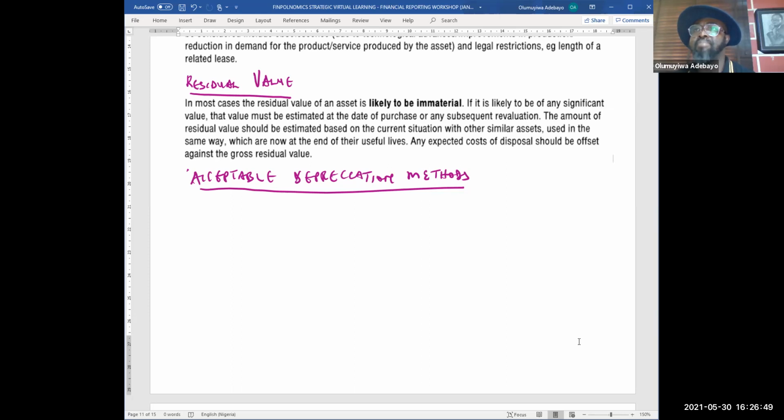Okay. Now let's shift forward a little. What are the methods which you can use to spread the cost of an asset over the useful life? Such a method is what we call the depreciation method. The question then is, what are the available methods of depreciation and which one is acceptable? Okay, now the standard does not necessarily determine which depreciation method is appropriate.